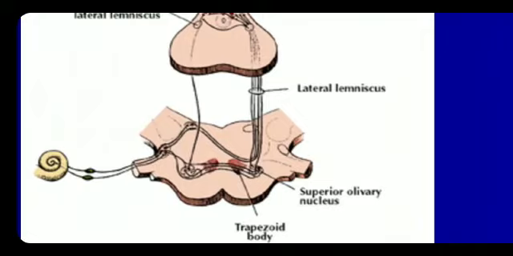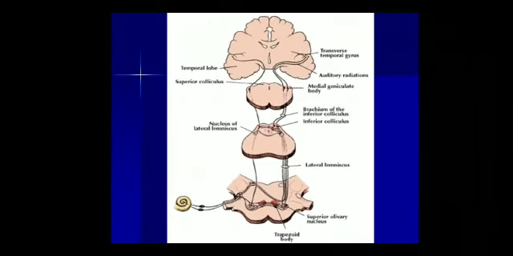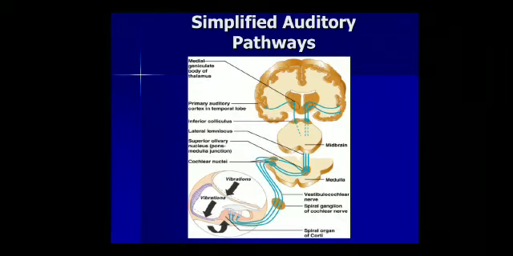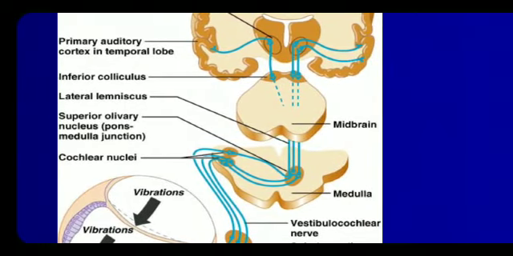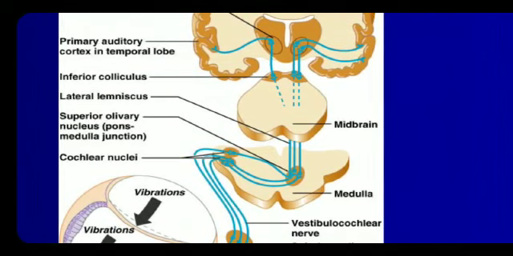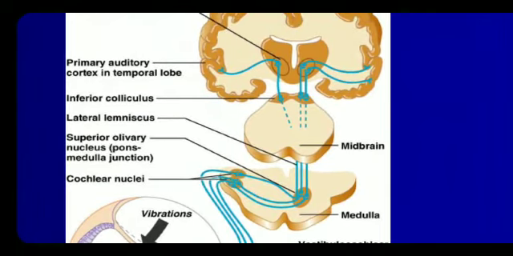Then the fibers cross to the other side. The third order neuron starts from the superior olivary nucleus, and then from the trapezoid nucleus, and then from the nucleus of lateral lemniscus. So these fibers terminate in the inferior colliculus.